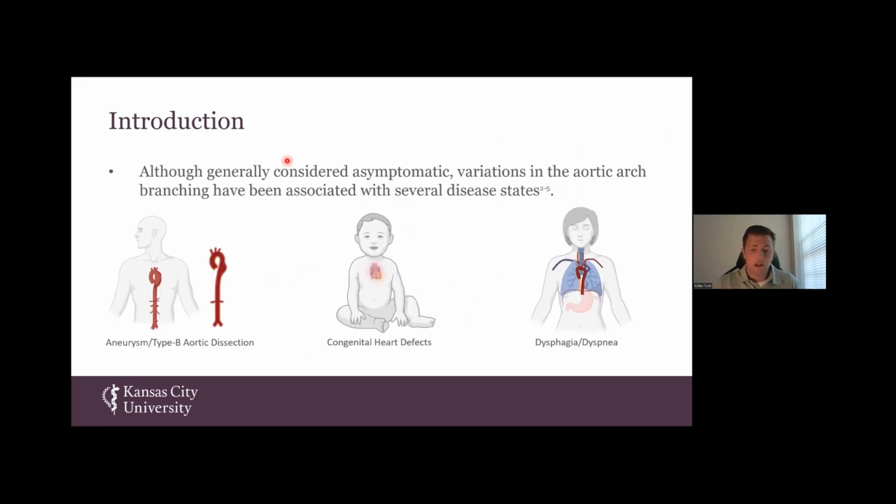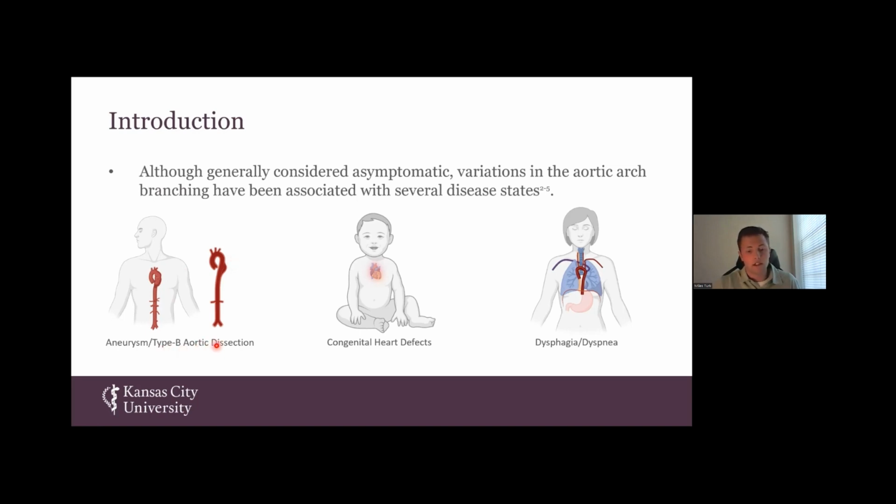So generally, these variations are considered to be asymptomatic, but they have been associated with several disease states, including aneurysm, which is a dilation in the wall of the vessel. It's weakly associated in the literature with aneurysms, but there is a stronger association with variations and type B aortic dissection.